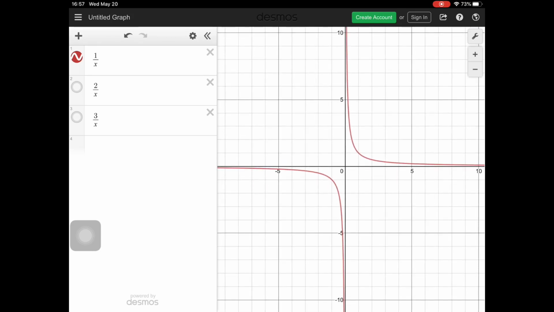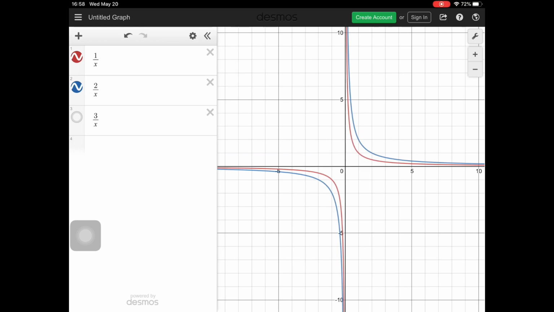Then if I draw the second, you see that the shape is exactly the same, but it is kind of less steep, right? The general shape and the asymptotes are also the same. If you remember, the asymptotes of a function are lines that the function never reaches. In this case, both the vertical line x equals 0 and the horizontal line y equals 0 are asymptotes of these functions.